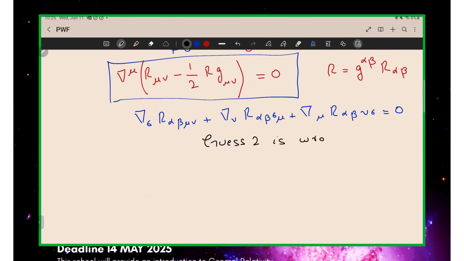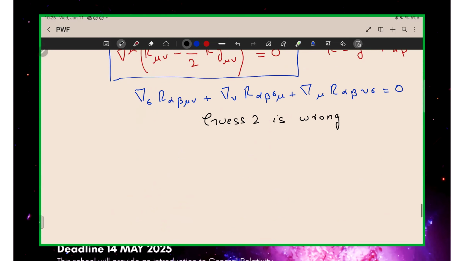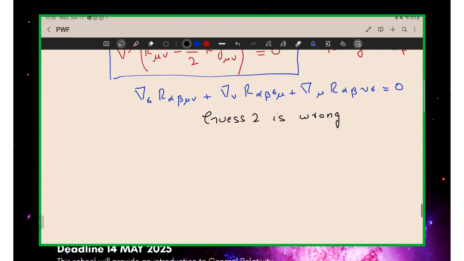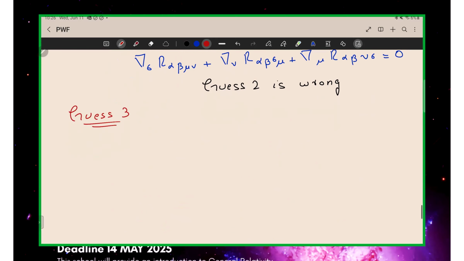But since we explored guess 2, we have got a new guess now, and that guess doesn't have any obvious flaws. So let's talk about guess 3. And guess 3 is, as you surely know, this one. Kappa times T mu nu.